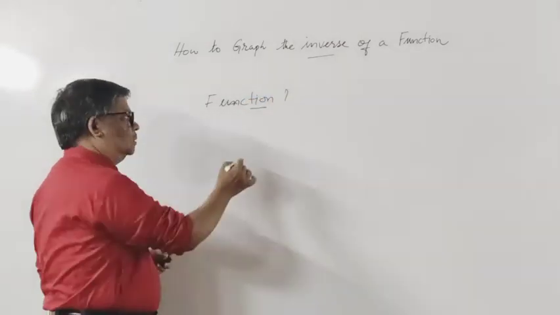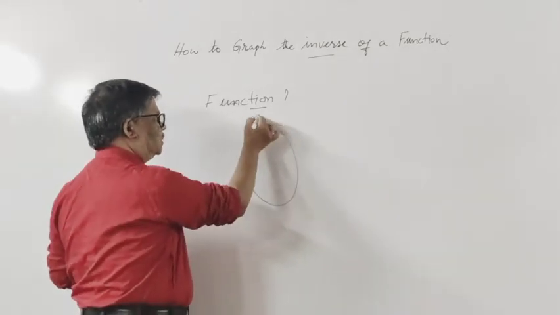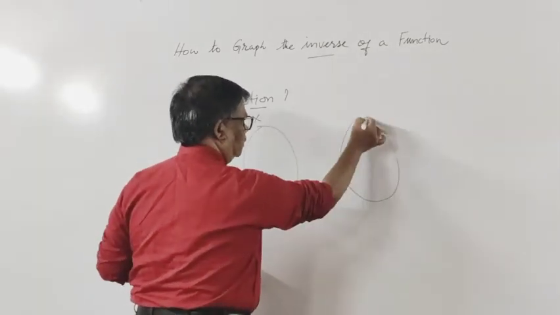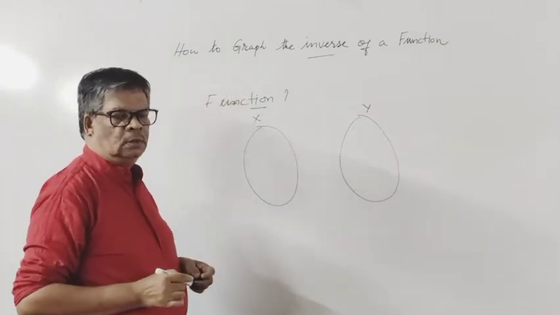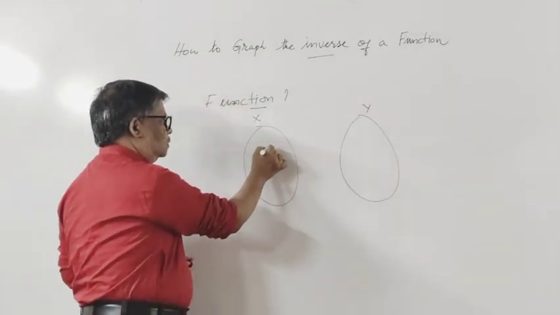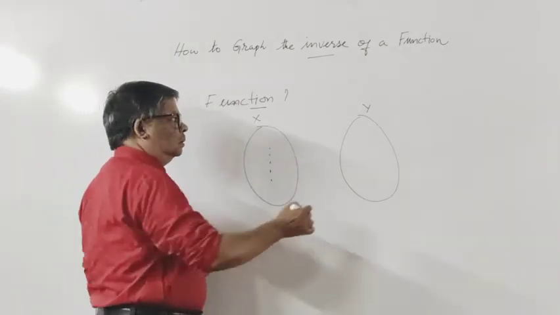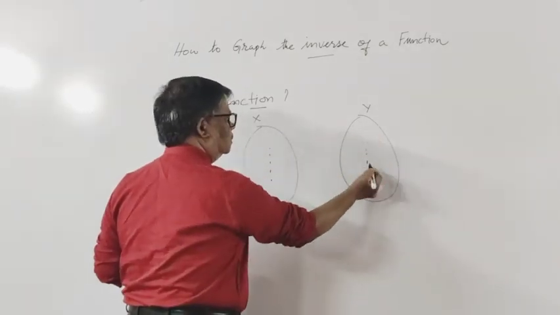Consider two sets, set x and set y. Both are non-empty. X will have some elements, y also will have some elements.